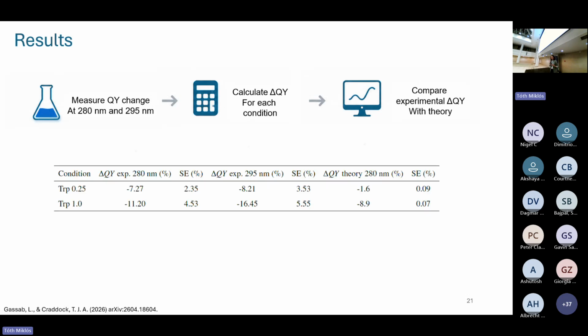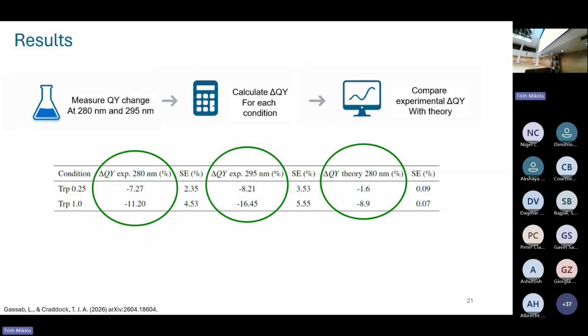So here in the result, what you can see is that 0.25 is 25%, which could be mapped to the theoretical part, and 1 is the same quantity of tubulin and tryptophan in the solution. And we can see, like in theory, remember we had this sharp decrease, and here we saw the same decrease at 280 and 295, so the same trend in the quantum yield.